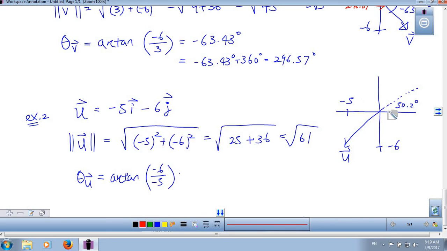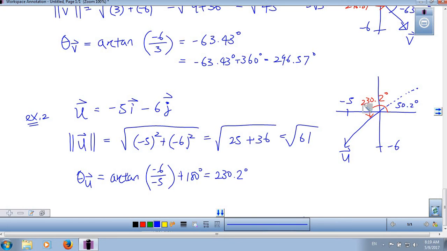Well, as you can see, there is an extra 180 degrees. So we need to add 180 degrees to our 50.2. That will give us 230.2 degrees, and that's exactly what our answer should be, 230.2 degrees, which is in quadrant 3.